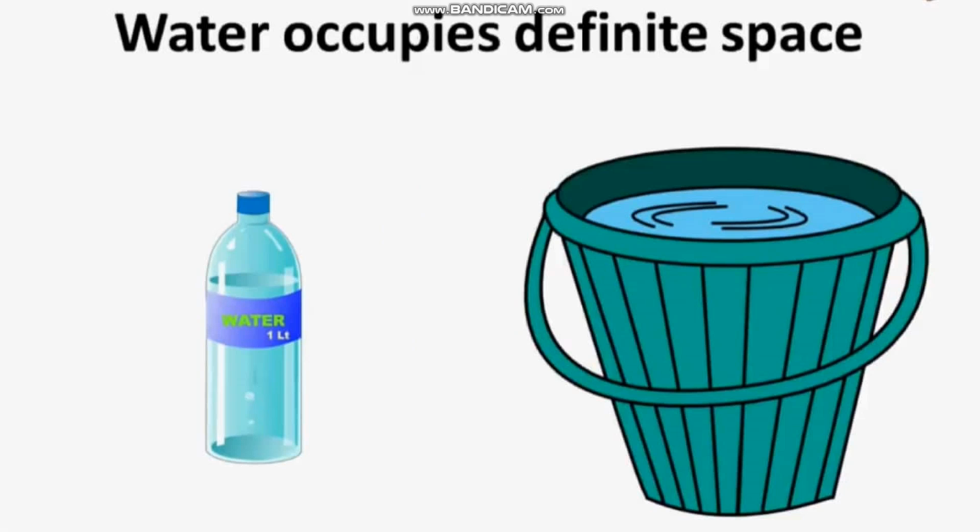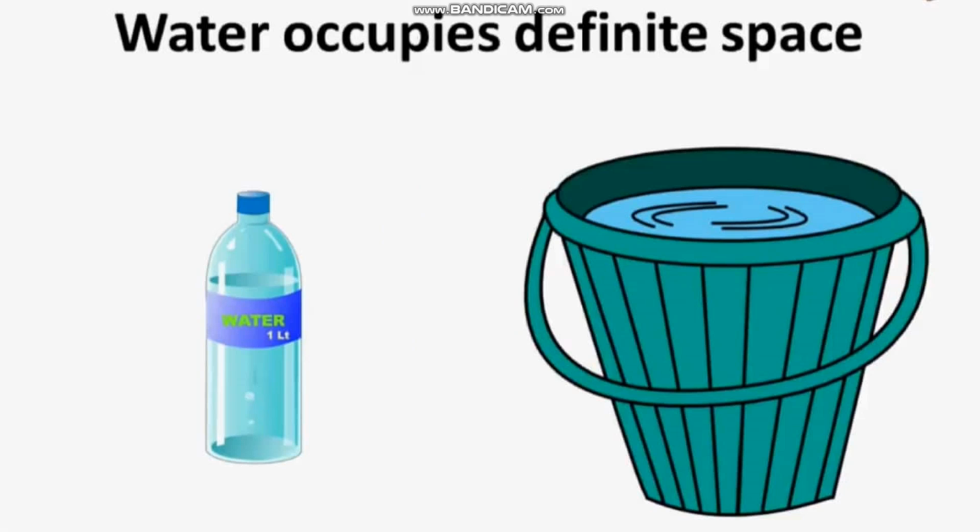Now coming to water, we can say water also occupies definite space whether it is in a bottle or in a bucket. It will occupy the same amount of space. So we can say water has definite volume but does not have definite shape.